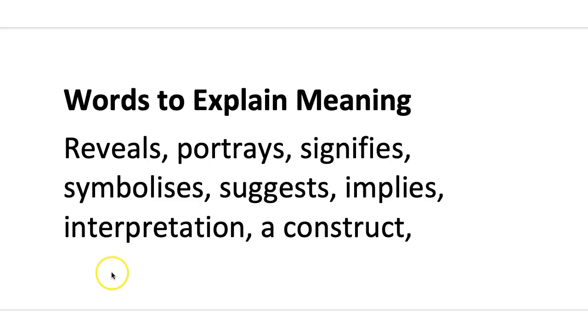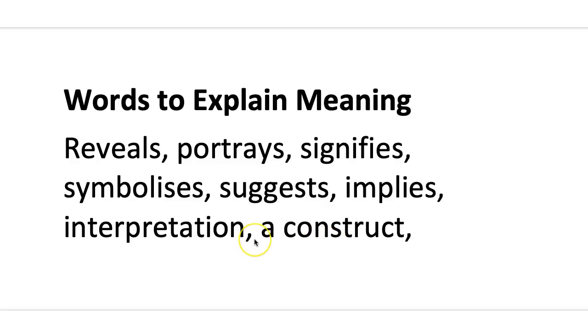Let me show you. So the most common ones are words which explain meaning. They're words which you use instead of the word shows. So reveals, portrays, signifies, symbolizes, suggests, implies, interpretation, writing about a character as a construct.